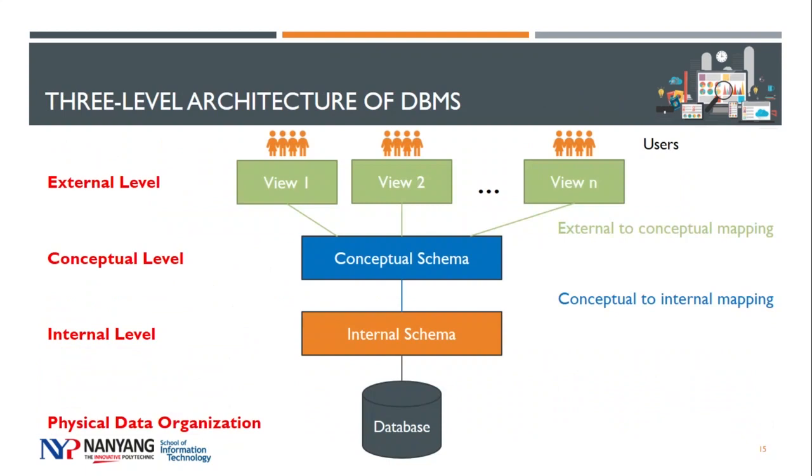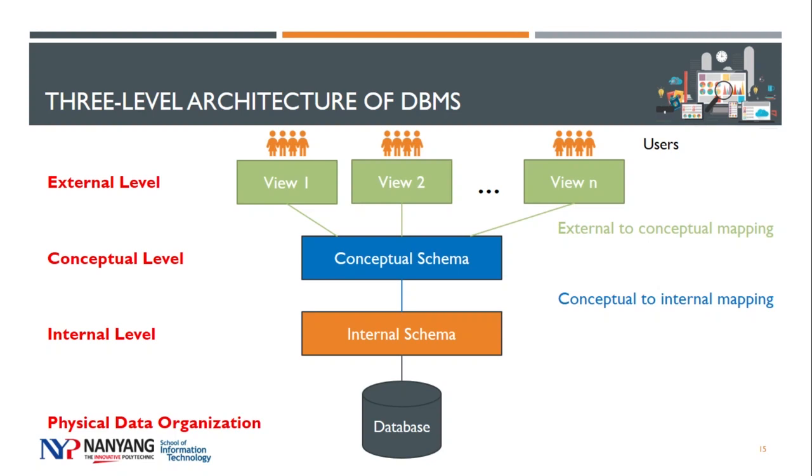So the three-level architecture of a DBMS comprises an external, a conceptual, and an internal level as depicted in the above figure. The external level is the views that users get to see. It's the interface to the users. The conceptual level is the community view of the database. This conceptual level describes what data is stored in the database and the relationships among the data.